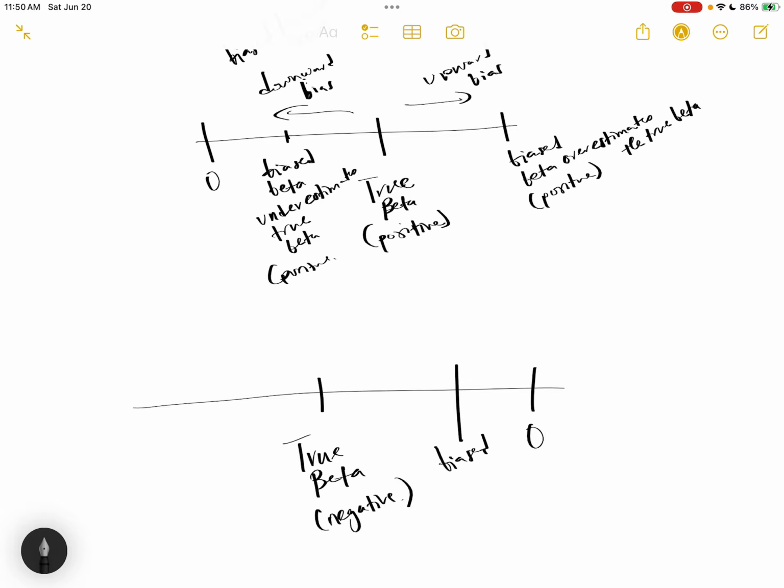Now, if our biased beta is to the right side of the true beta, meaning the biased beta made the true beta less negative, then we will call that an upward bias. And in this case, since the biased beta is closer to 0, it's an upward bias, or it's biased towards 0.